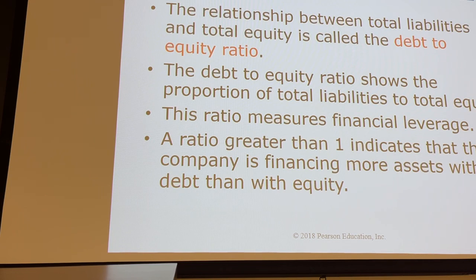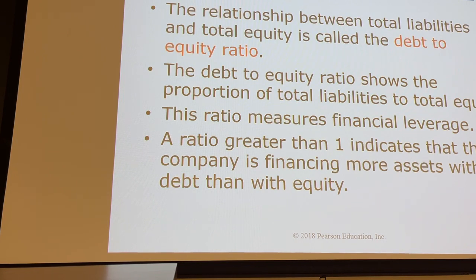Okay, there's one financial ratio at the end of this chapter. This is the debt to equity ratio. And I think back around chapter 2, we had what's called the debt ratio. Well, this is very closely related to the debt ratio.